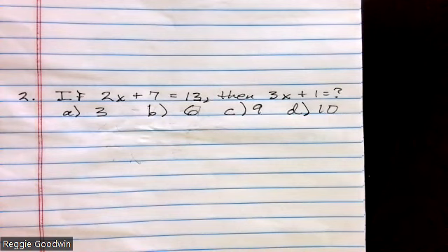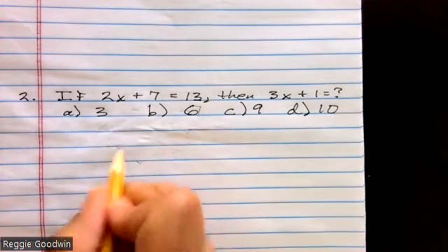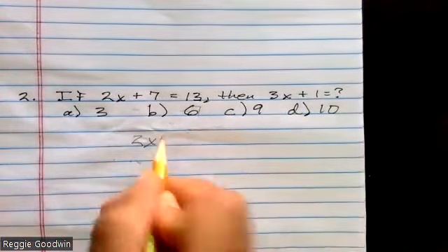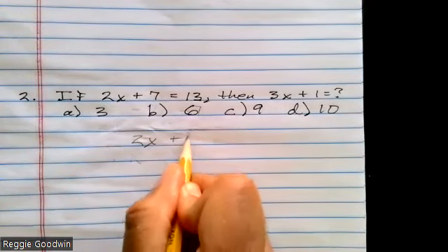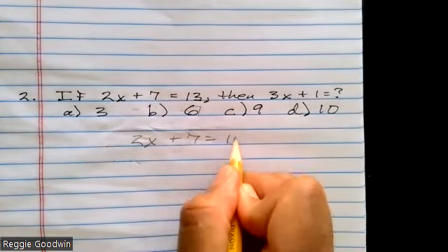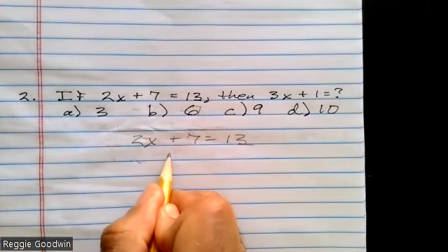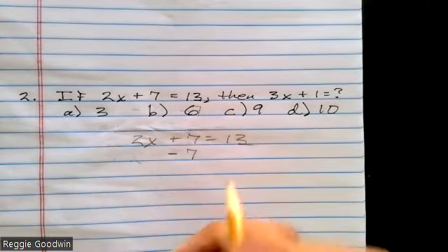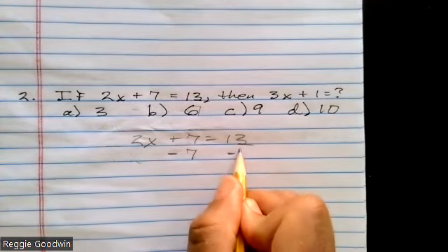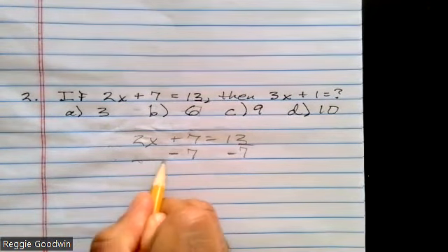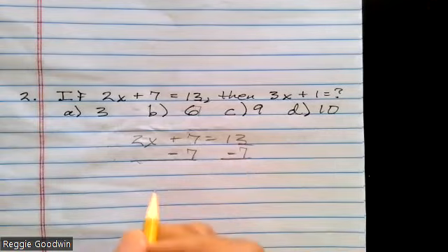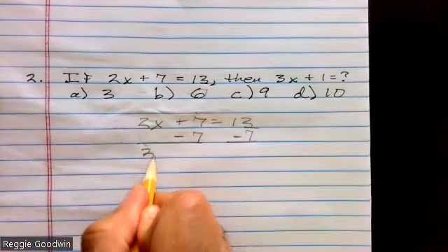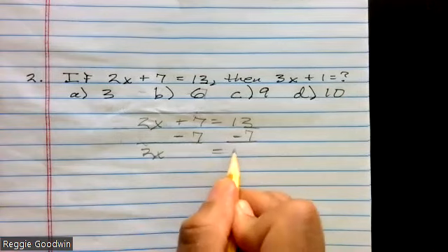You're given the equation 2x plus 7 is equal to 13, then 3x plus 1 is what you want as an answer. So we're going to use the first equation. We're going to get 2x by itself by subtracting 7 from both sides of the equation. 2x is going to be equal to 6.